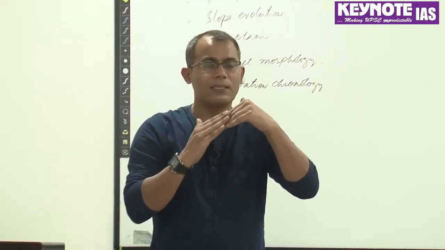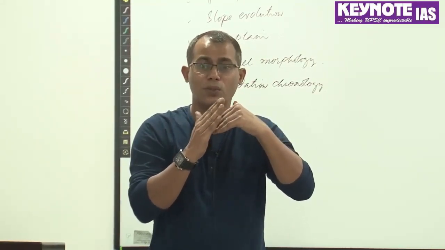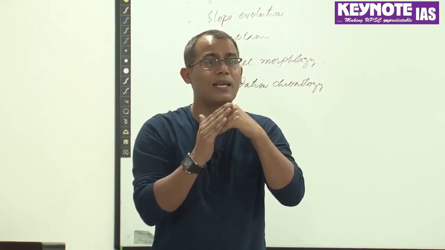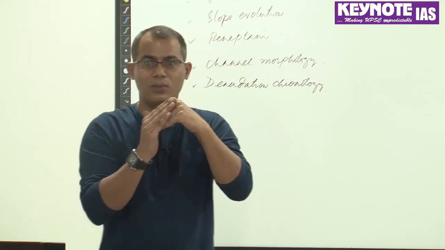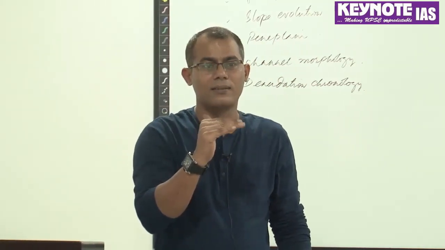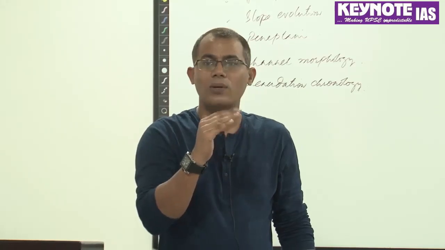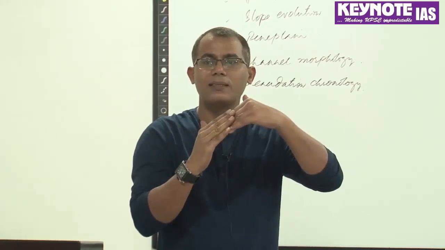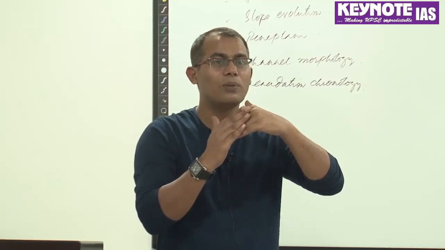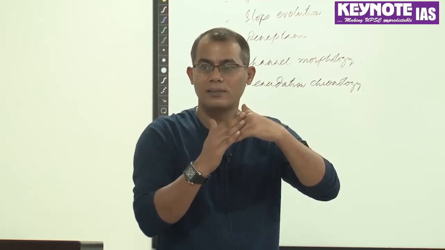Let's say suppose this is a slope evolution, right? What Davis says is slope decline, the slope decline theory. So this is declining, right? What Penck says is slope replacement. One slope is being replaced by another.